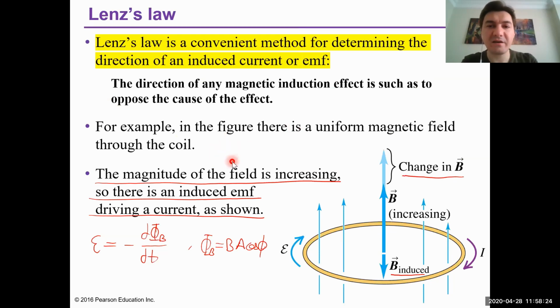So here we have a coil, and then there is a uniform magnetic field, which is given by that one. If you increase the magnetic field in that direction, at the beginning it was like this, and there is no current, there is no EMF in the loop.